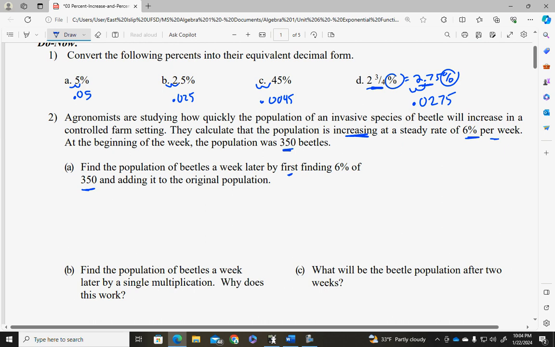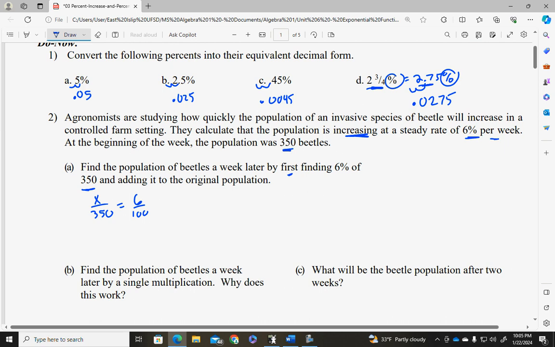Now I know you did percents last year in 7th grade, and I think the focus was really on writing a proportion. Remember, you learned part over whole equals percent over 100. So I could set up a proportion x over 350 equals 6 over 100 and solve that. But the real reason why we had Do Now number 1 with changing our percents to decimals is because actually we could find the percent of a number by multiplying.